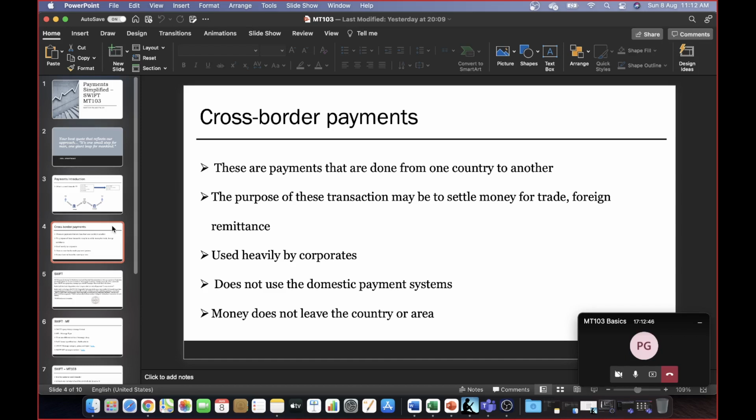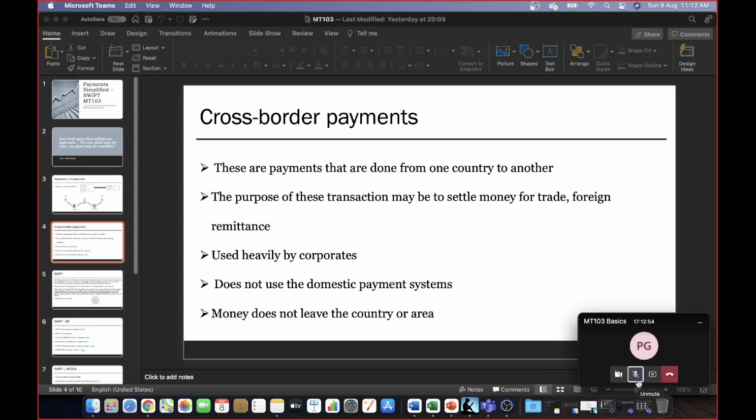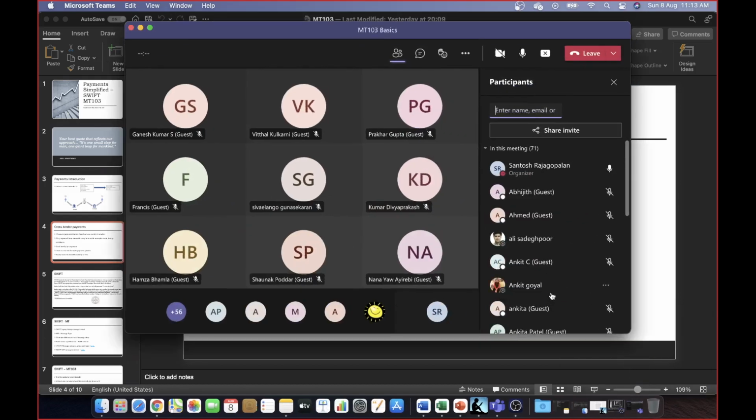There are several reasons for which we make cross-border payments. One point to note is that cross-border payments are used heavily by corporates or companies more than individual customers. Individual customers use it to a certain extent, but corporates rely on it heavily.